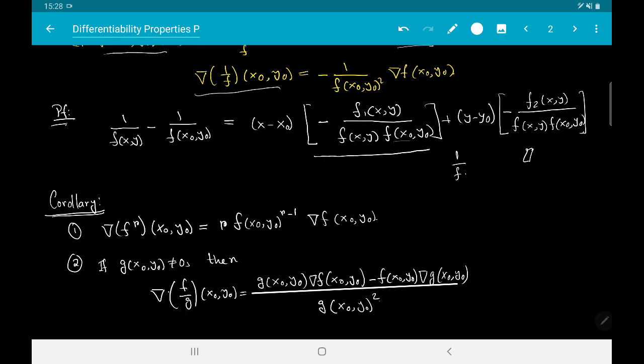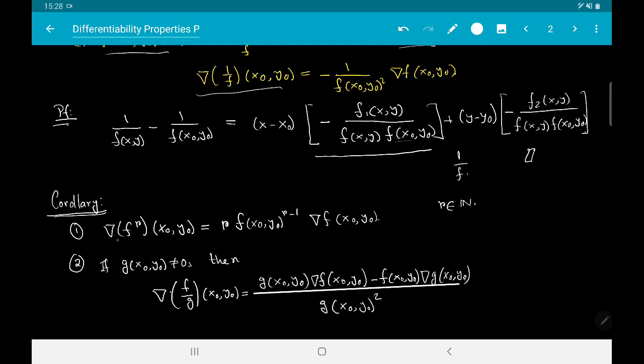So first, if we have r a natural number, and f a differentiable function, then we see that f to the power r is also differentiable. So if f is differentiable at x0 y0, then f to the power r is also differentiable at x0 y0.